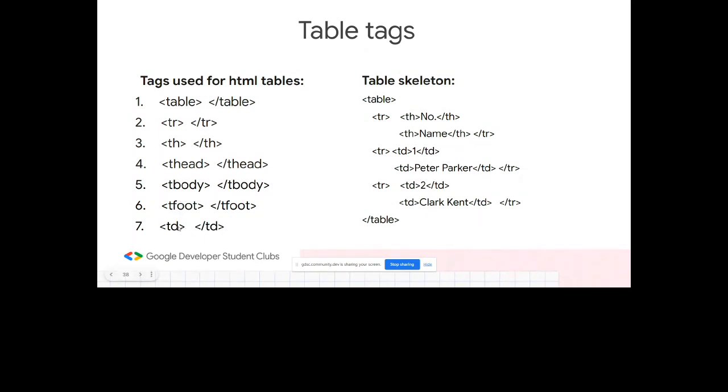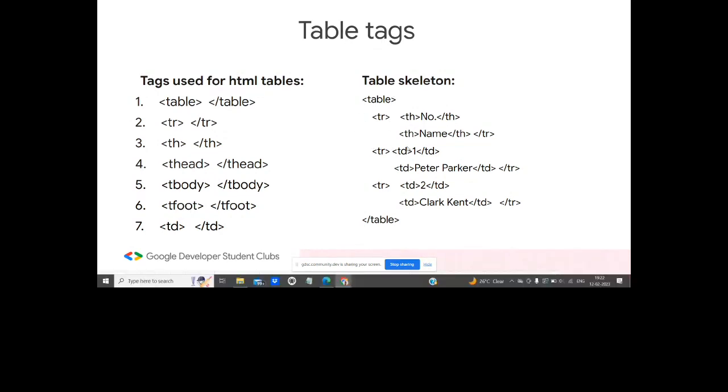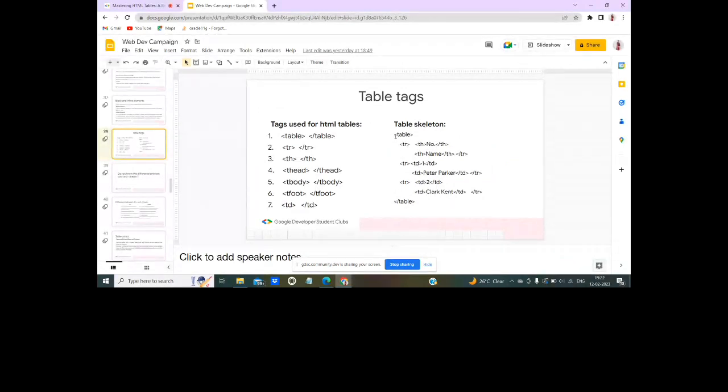Now TD is our cell. What does a cell mean? The block you can see in a table. So are the tags clear except T head, T body, T foot? I think the rest of the four are familiar to you. So this is the skeleton of the table tag. Let's just execute how it works.